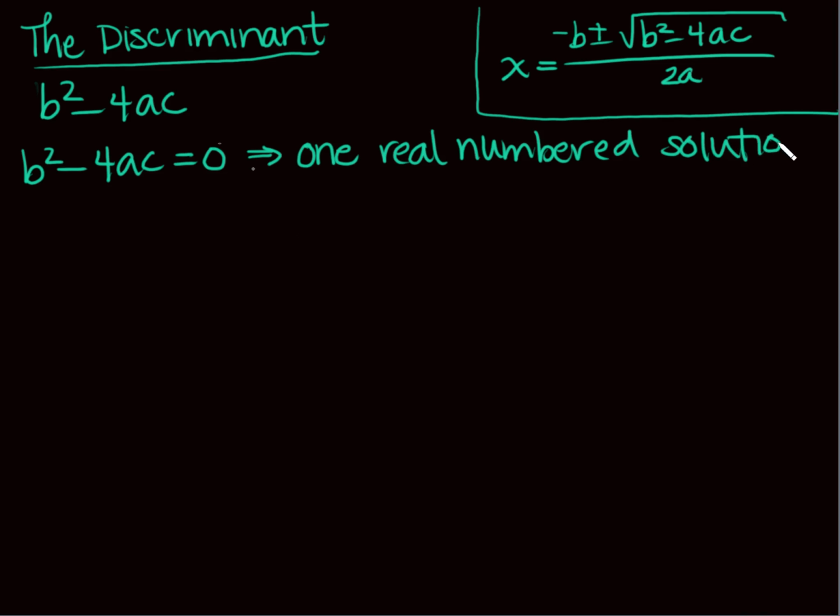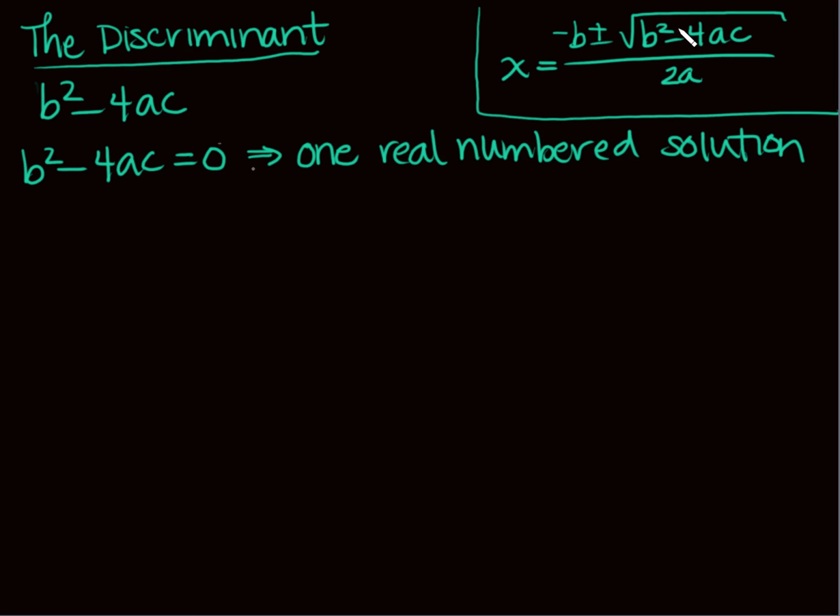If my discriminant is 0, then all of this is gone, and my solution is just negative b over 2a. I don't want you to memorize that; you would just do the quadratic formula like normal. But the discriminant is a nice way for us to just look at a quadratic and know what's going on.